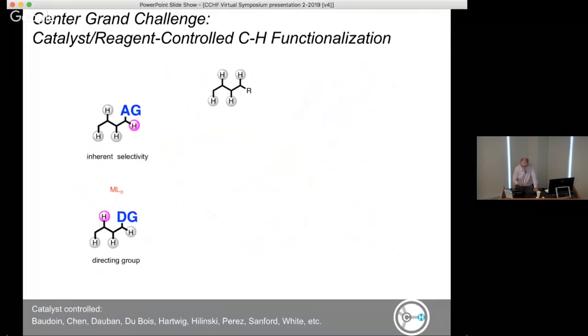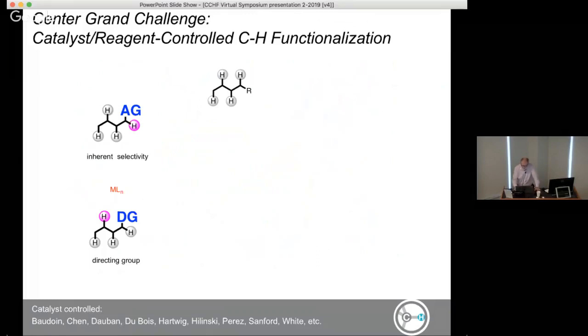More traditionally, and these have developed extremely well, is the idea of doing intramolecular CH functionalization or having substrates that have inherent reactive sites. It could be a tertiary CH bond for radical chemistry, or certain heterocycles will tend to functionalize at a specific CH bond.